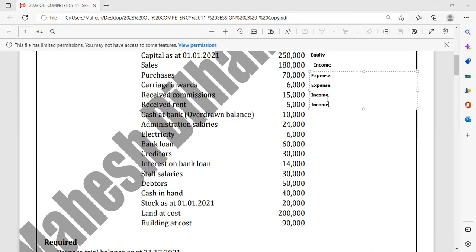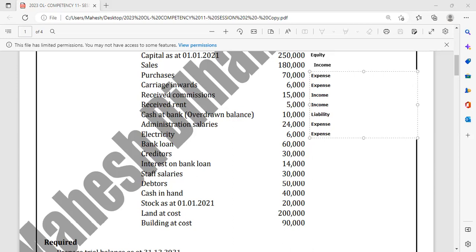Do you know a bank overdraft is a liability? Liability. Okay. Then administration salaries, expense. Electricity, once again expense. Look carefully.